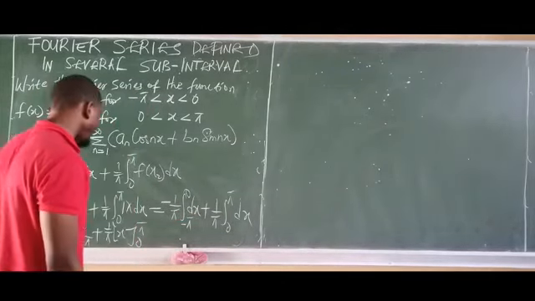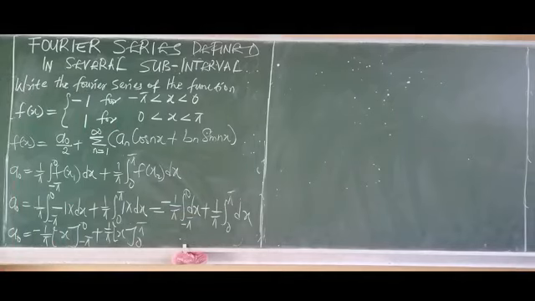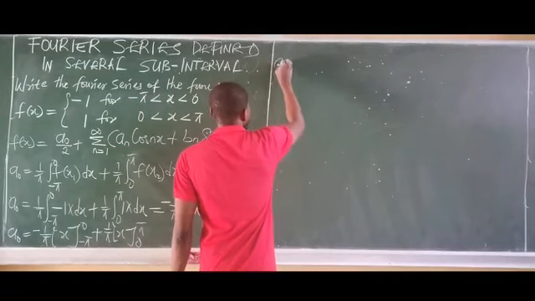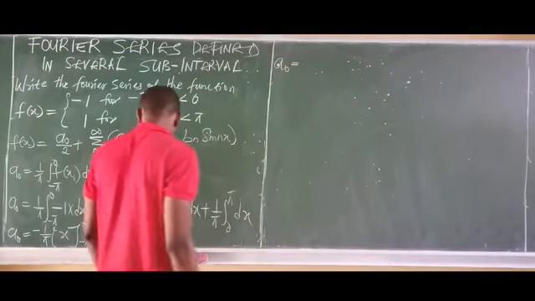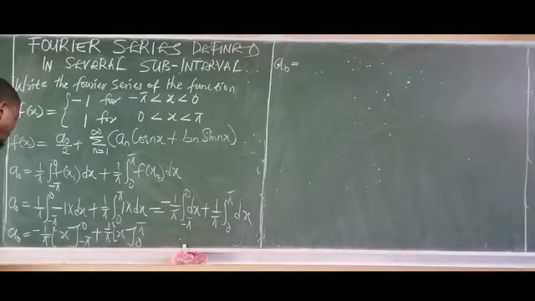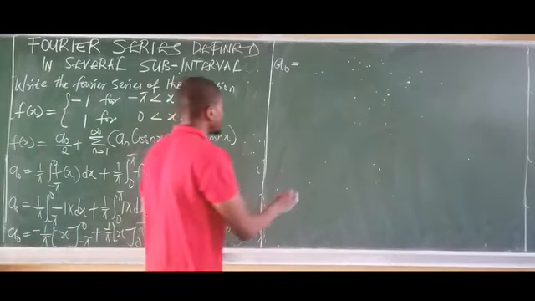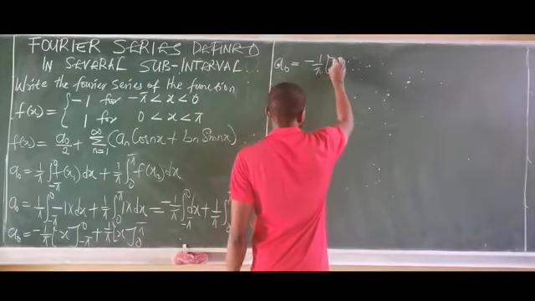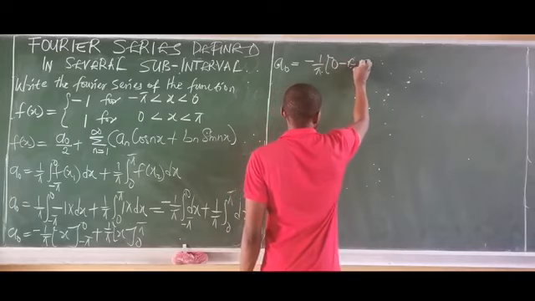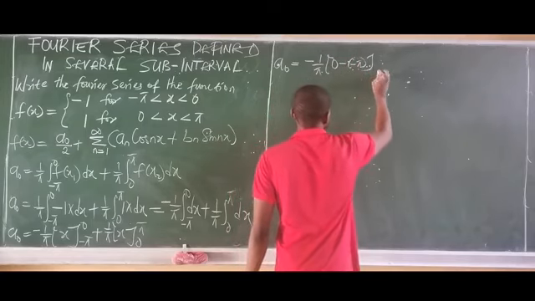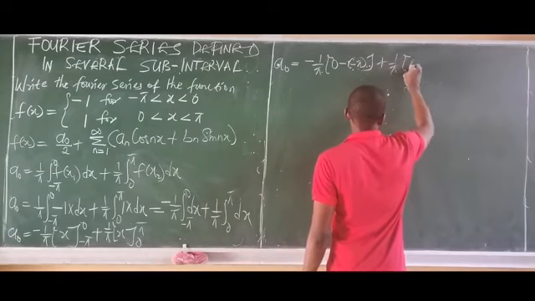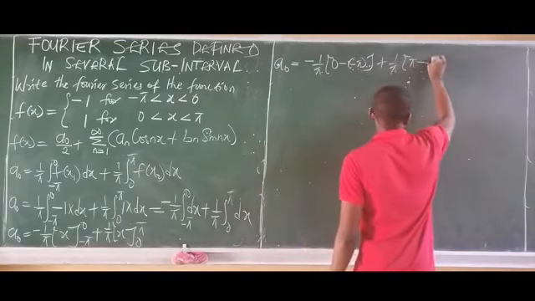At this juncture, we simply effect the limits into the equation. So a naught is equal to upper limit minus lower limit. Wherever you see the value of x, put in upper limit minus lower limit. So I have, for the first case, -1 all over pi times upper limit 0 minus lower limit minus pi, plus 1 all over pi times upper limit pi minus lower limit 0.